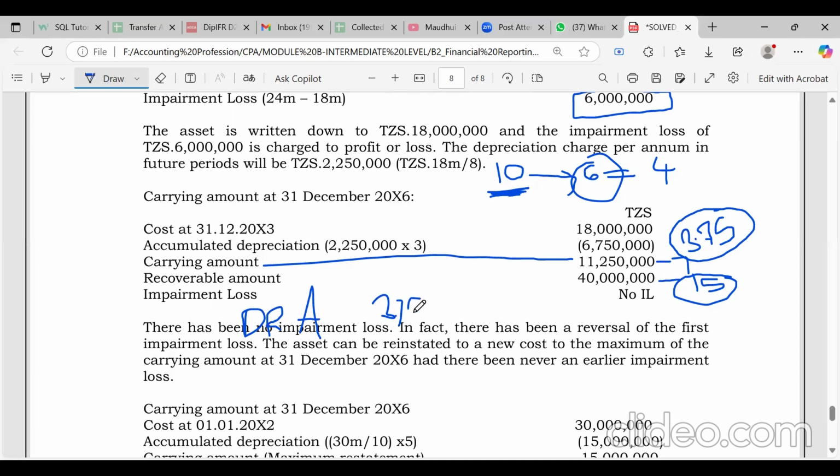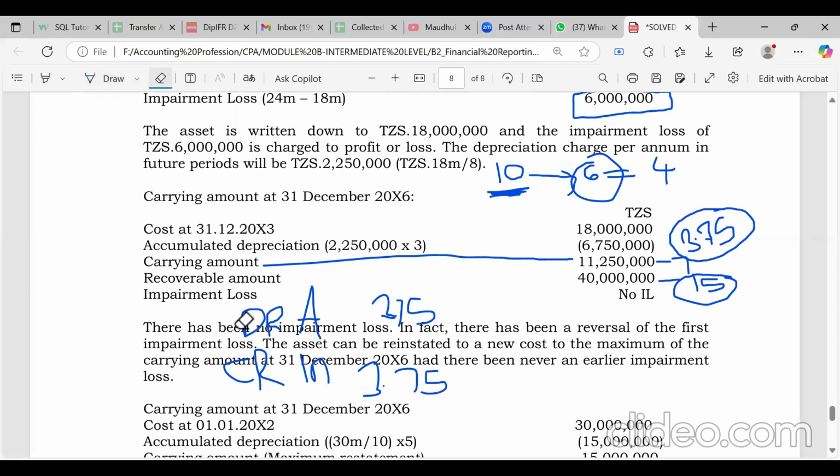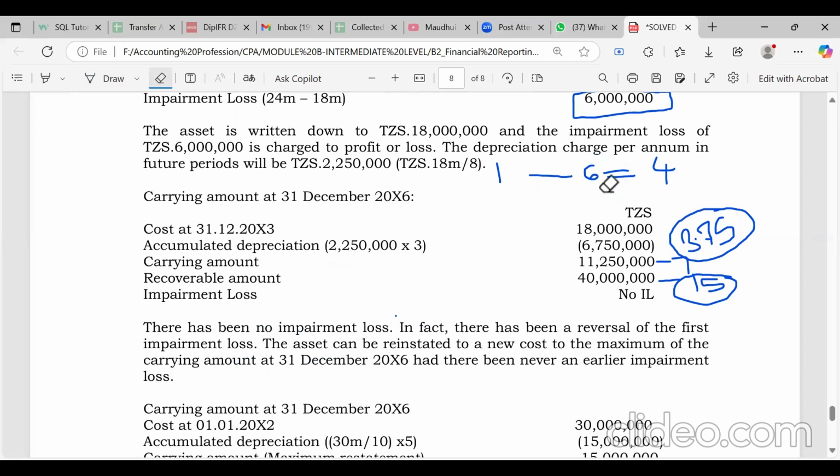And on the credit side, that's why I say impairment reserve is no longer an expense now. It goes as income, 3.75 again. So that's what you're going to do, and if you do that, everything gets fine.